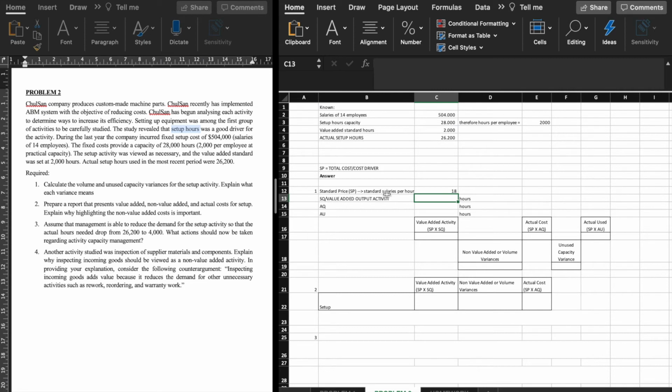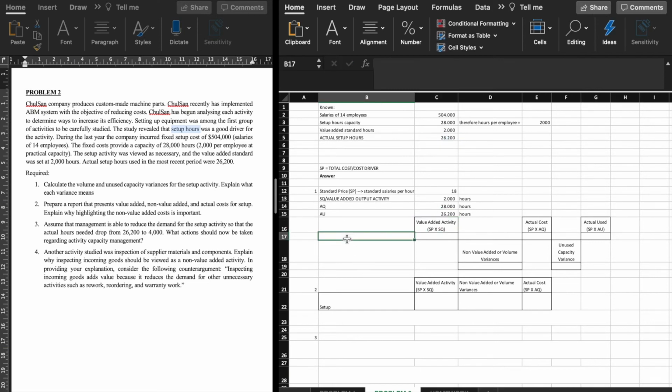Next, SQ is the standard quantity, or value added output activity. So our value added output is 2,000 hours. For the actual quantity, it is the setup hour capacity, 28,000 hours. And for the actual use, we use the actual setup hours.